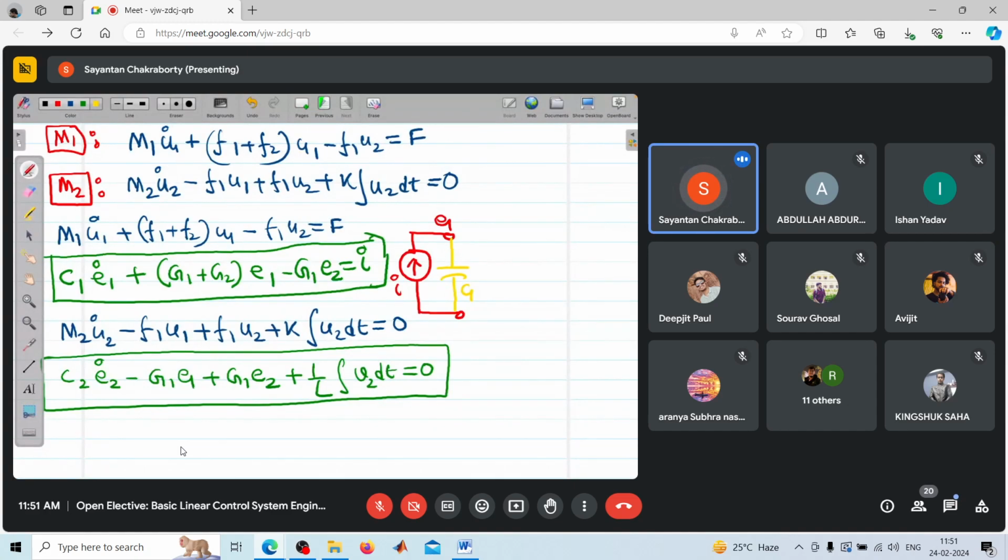Right? The current through this will be C1 E1 dot. Agreed? Now this again causes a current G1 into E1. That means there is a resistance that causes a current E1 into G1. So this part and this part is taken into account.